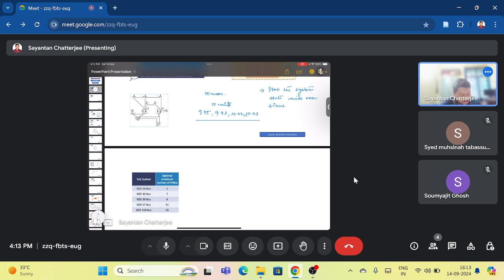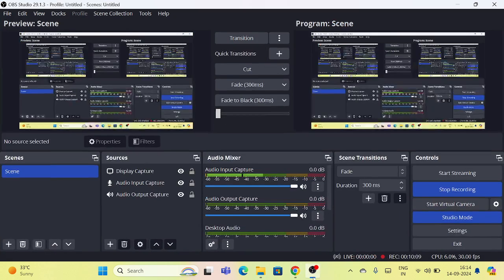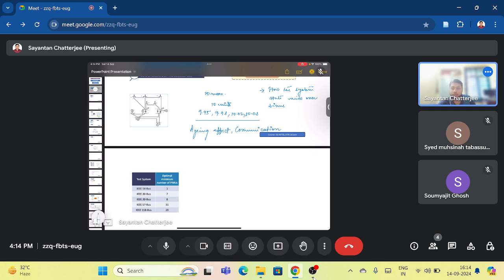So based on this, in the metering equipments we also have the aging effect. Now we can also say communication, because this data needs to be transferred from the physical location of the meter, which is far away, to the control center.